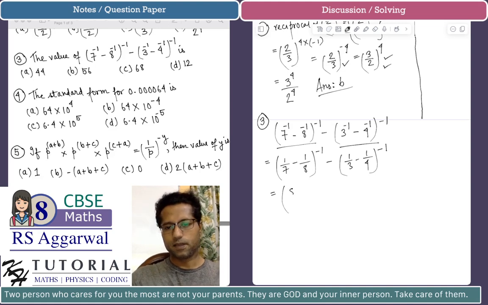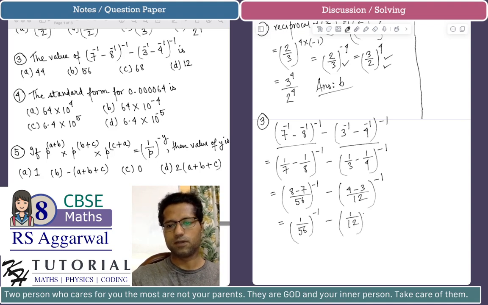This will be (8 minus 7)/56 raised to the power minus 1. Over here we will have (4 minus 3)/12 raised to the power minus 1. So this is (1/56) whole raised to the power minus 1, and this is (1/12) whole raised to the power minus 1.